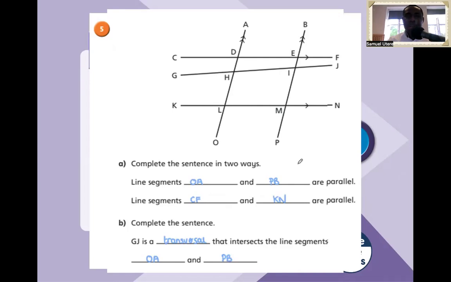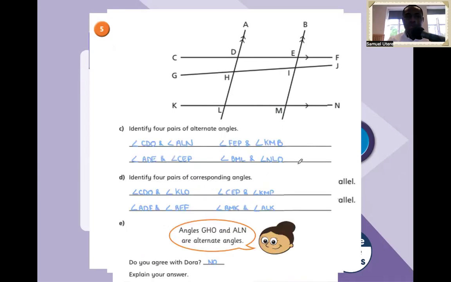You can say H and I. And here are the answers for questions C, D, and E. So here you were asked to identify 4 pairs of alternate angles. So by now, you know how to identify alternate angles and corresponding angles. And that is what your answer could be.